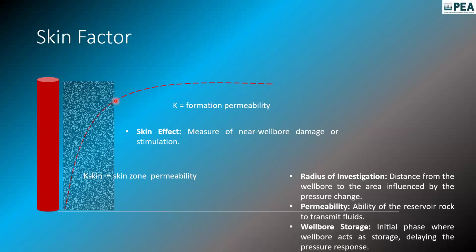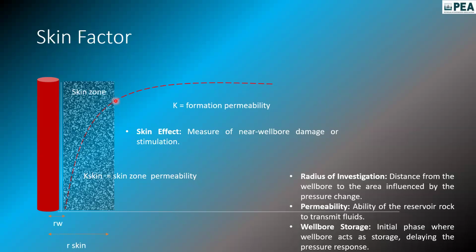Because it will not be crystalline like reservoir rock. Whatever minerals it has will not be the same. It will be mixed with the debris that you might have injected inside the well through workover operation. Those things might obstruct the flow of fluid reaching the wellbore. In that way, this is considered to be the skin effect.